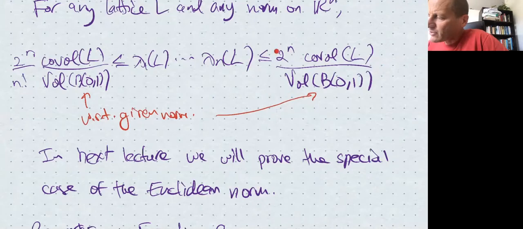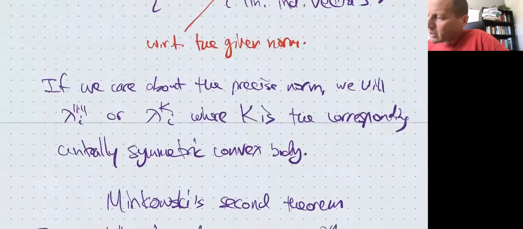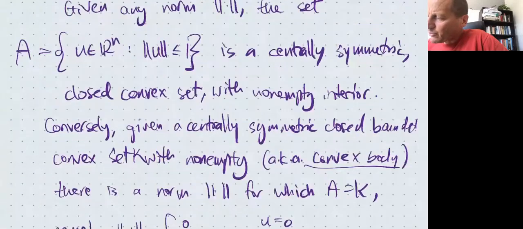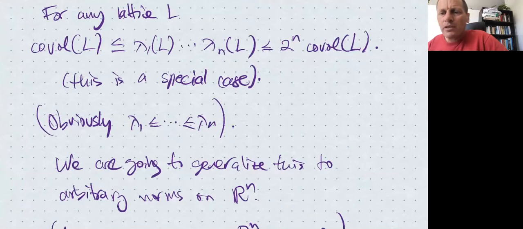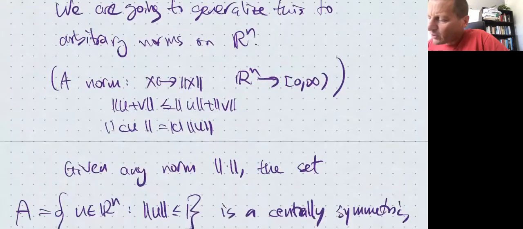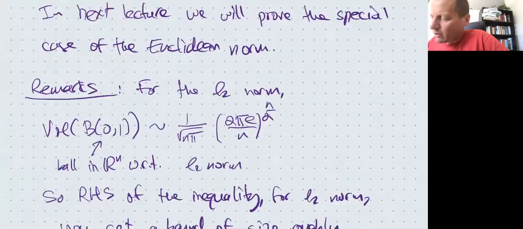So this quantity that you get here is larger than the quantity that we'll be proving, which is just 2 to the n. Okay, so we're going to be proving a statement only for the Euclidean norm, but it's a little bit stronger than what you get from Minkowski's theorem.